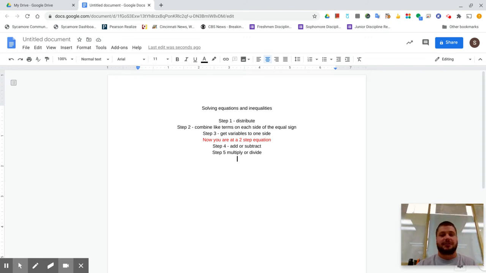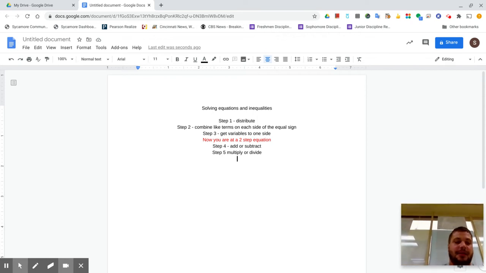Okay, so let's first start with a basic two-step equation. Here's an example of one: 2x plus 8 equals 14. What I'm doing right now is highlighting steps 4 and 5. So I do the addition or subtraction first using inverse operations.